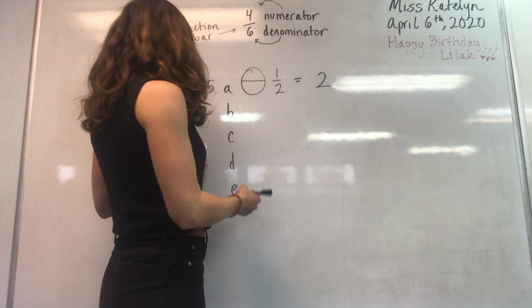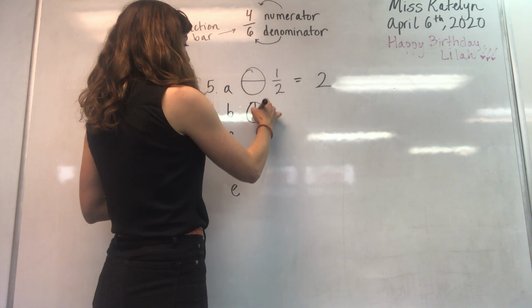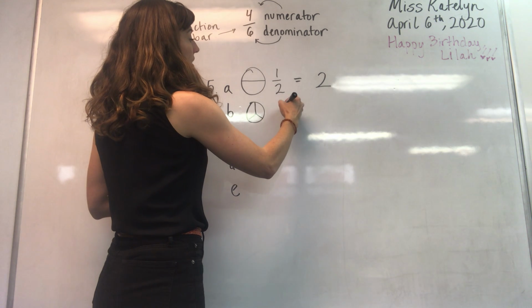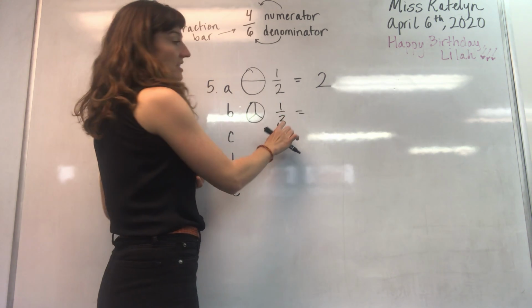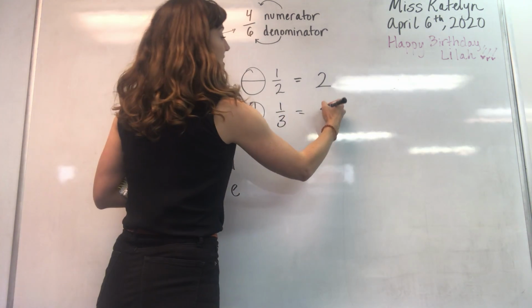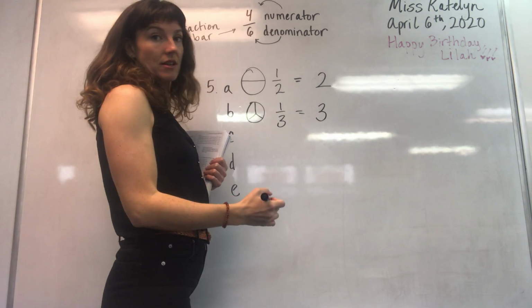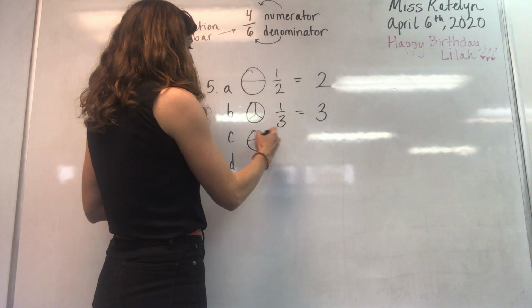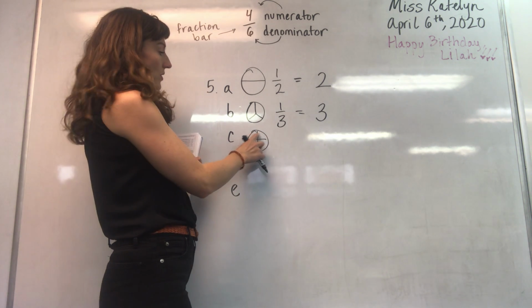All right, how many thirds does it take to make one whole? Well, you can count all the parts, 1, 2, 3. Or you can look at the denominator, which is the same, 3. And you can say it takes 3 parts. All right, and how many fourths does it take to make one whole? Well, you can count all the parts, 1, 2, 3, 4.